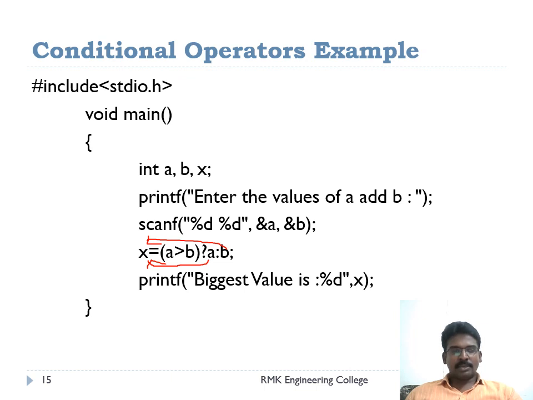If the condition becomes true, then A is taken as the biggest value, and if the condition becomes false, then B will be considered as the biggest value.